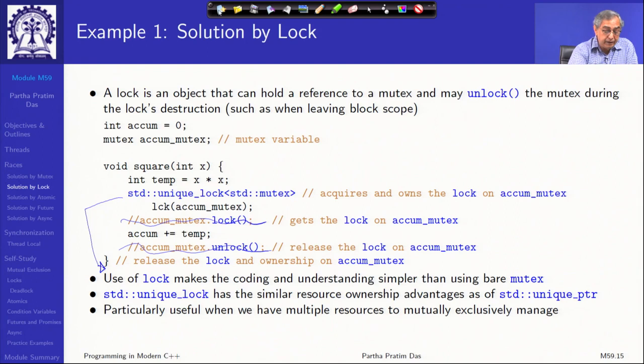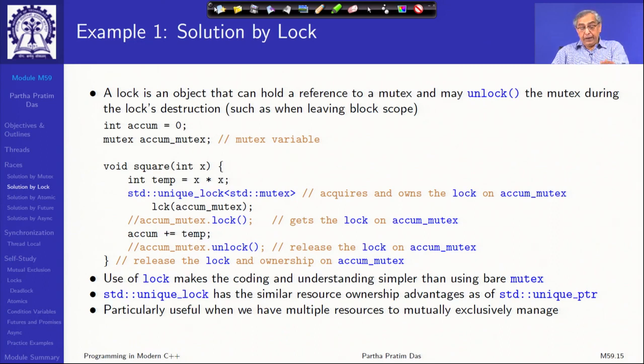So, you can see that the advantage here is you get the semantics of automatic variables in terms of locking. You get the same critical section, but you do not have to parenthesize it, because if there are many at different places, you might just forget to unlock a particular mutex when it is done. This relieves you of that. This will remind you of smart pointers, where we had unique pointers for the same purpose.